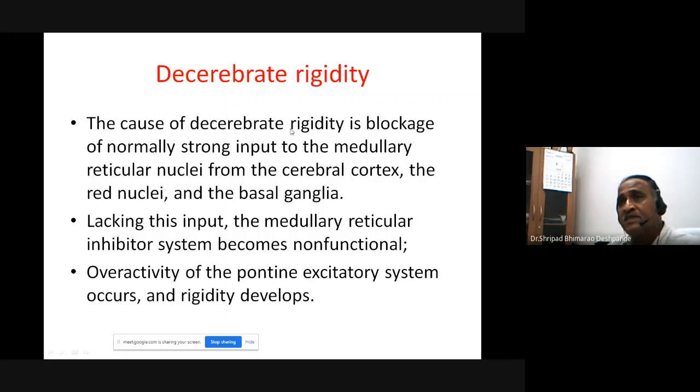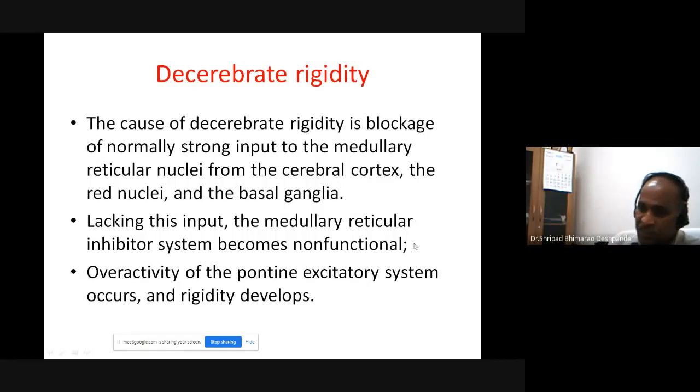The cause of decerebrate rigidity is blockage of a normally strong input to the medullary reticular nuclei from the cerebral cortex, the red nuclei and the basal ganglia. These are three components. Lacking this input, the medullary reticular inhibitory system becomes non-functional. Overactivity of the pontine excitatory system occurs and rigidity develops.